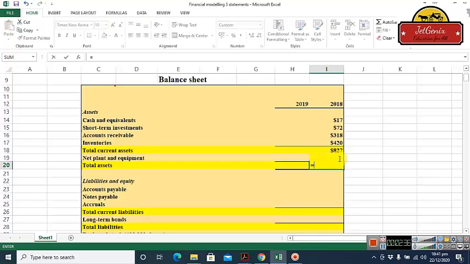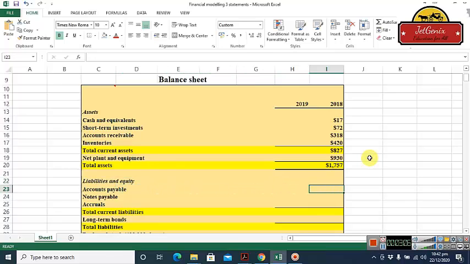Just type equal and again sum and double click it, and select the total current assets plus net plant and equipment, and press enter. Now we have the total assets of this company, 1757 million.